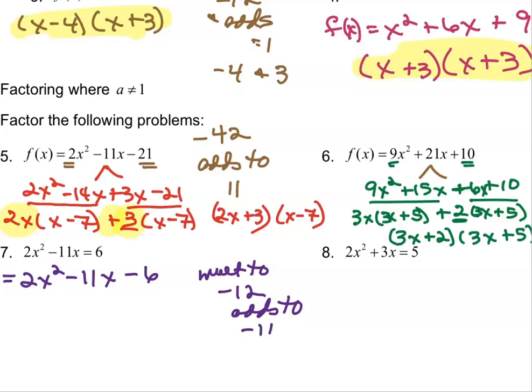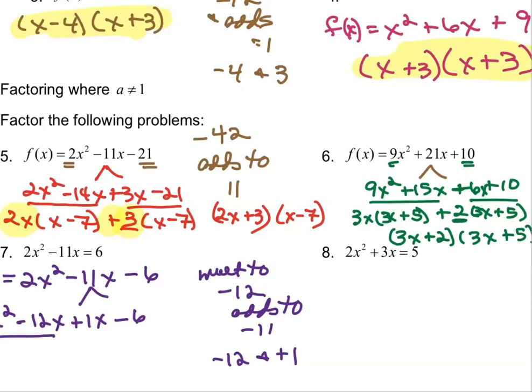Okay, so that you should get as negative 12 and positive 1. Decomposition is our mission. 2x squared minus 12x plus 1x minus 6.